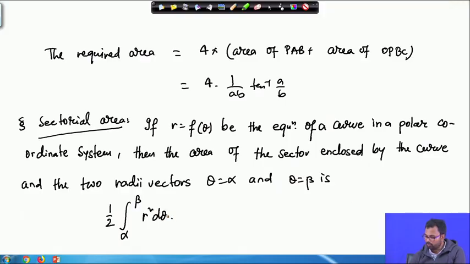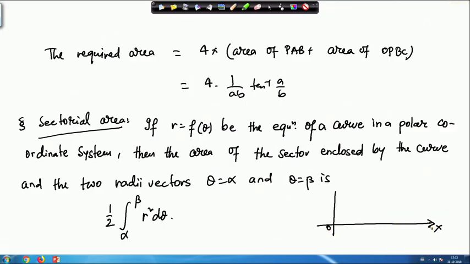We will not go into the proof, but what we mean is, suppose this is our x axis, and suppose this is a given curve. Now this point here is the point P, and this is our point A, and that's our B. This angle XOA is basically angle alpha, and XOB is basically our angle beta.